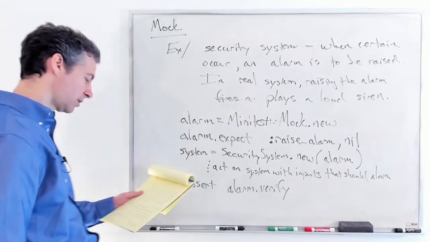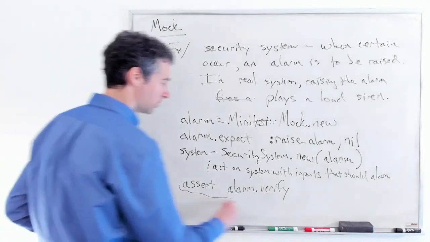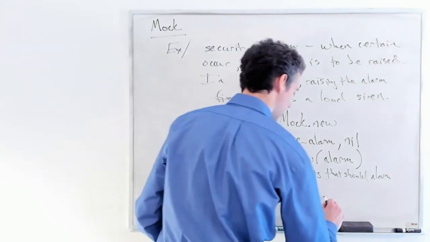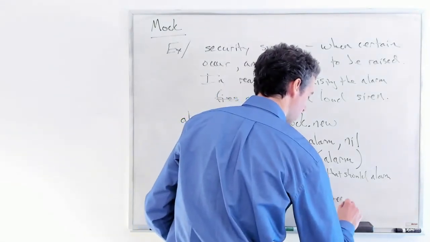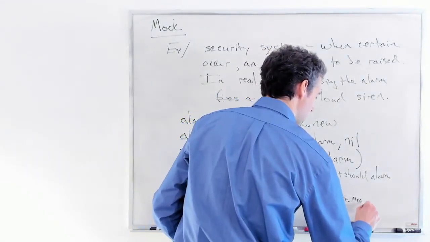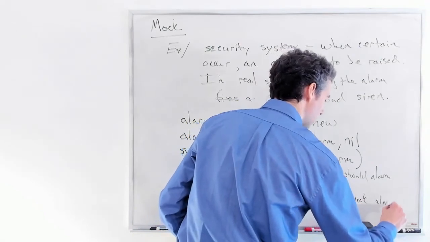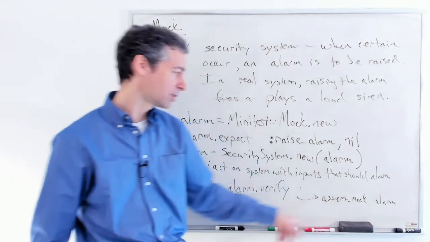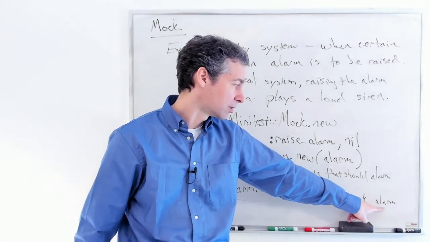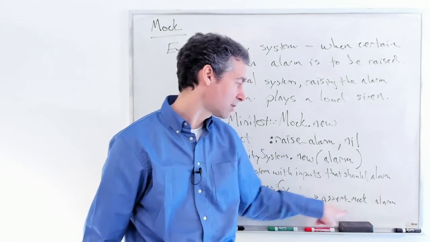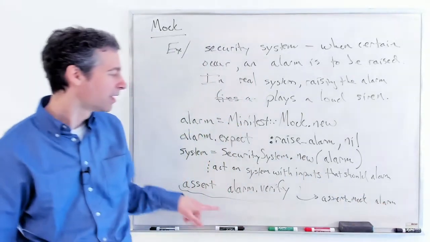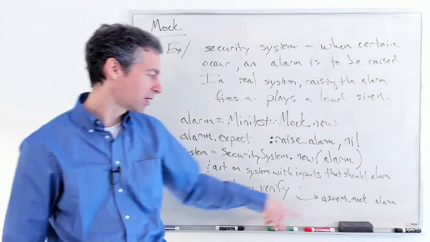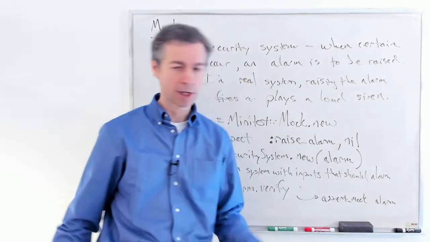By the way, there is another way we could have written this. There's a shorthand, though not much of one: assert mock, and then you pass in the mock. If you look at the code for assert mock, all it does is return the result of calling verify on the object you've passed in. So you could just assert the object's verify, or call assert mock on the object.